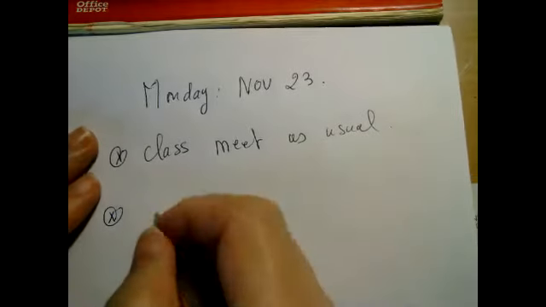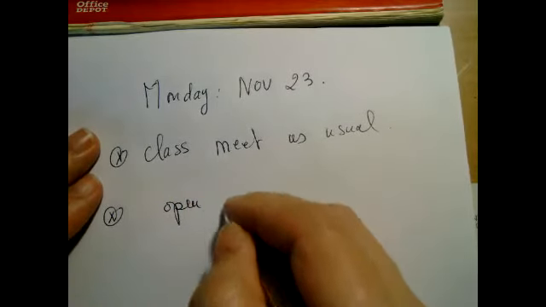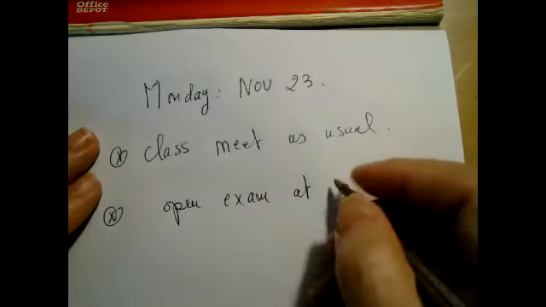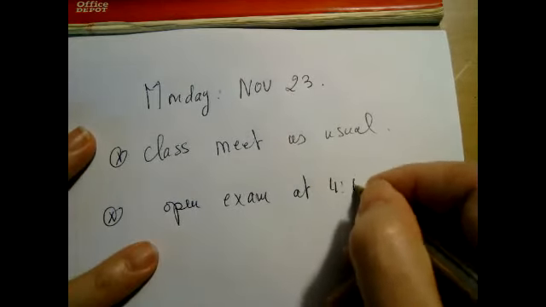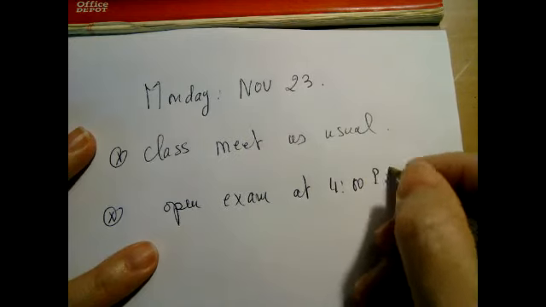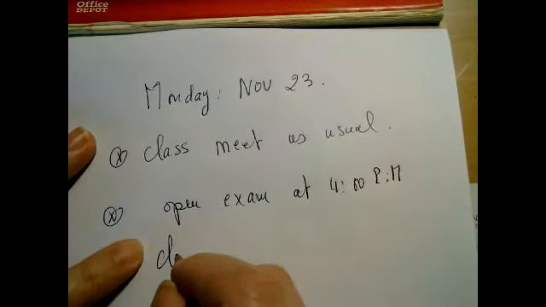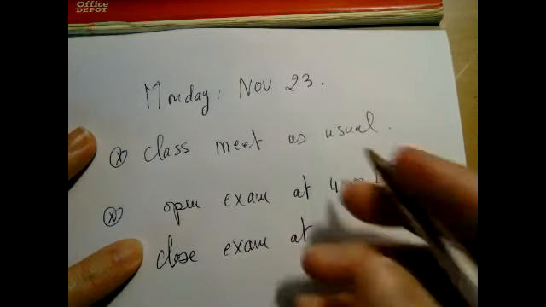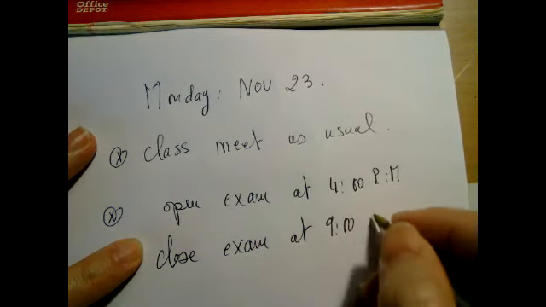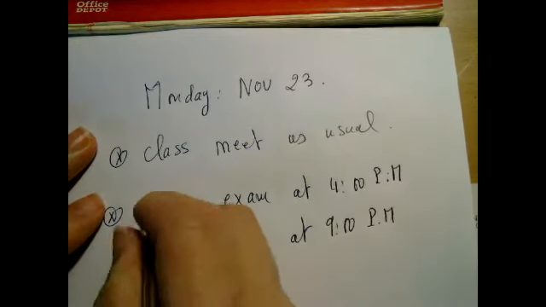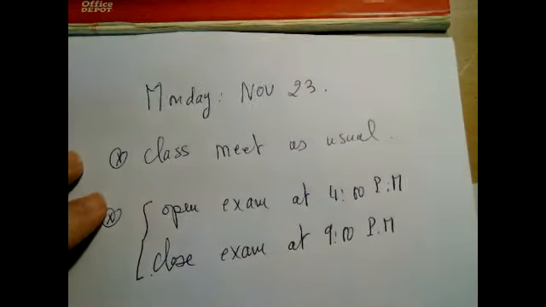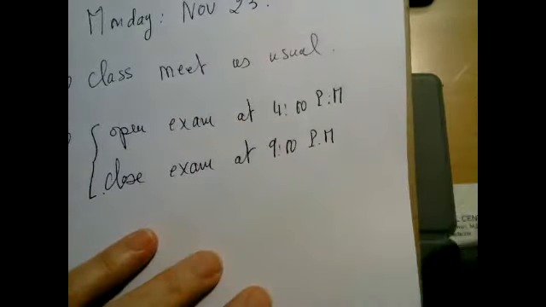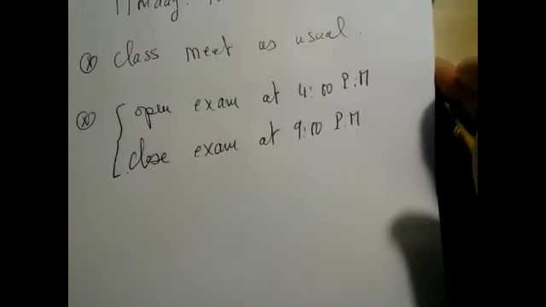And my plan is to open the exam at 4 p.m. that day and close the exam at 9 p.m. So you can do it on your own. The exam will not require 5 hours by any stretch of the imagination, but that's for you to be flexible.